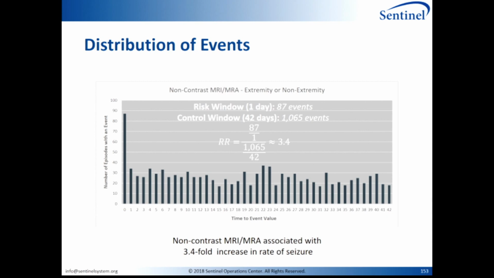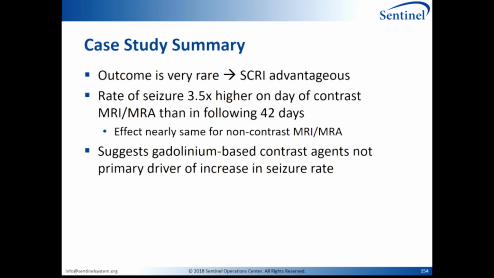So we can actually do an indirect comparison between non-contrast MRI and contrast MRI and come up with a relative risk of about 1.04 comparing contrast to non-contrast, which is to say that contrast MRI conveys only a very slightly increased risk of seizure compared to non-contrast MRI.